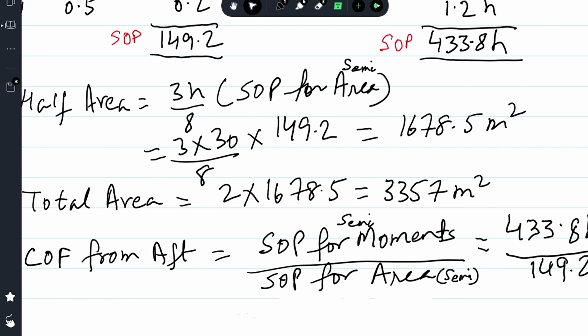Now for center of flotation, because my levers were from aft, I am getting center of flotation also from aft. If you take levers from forward, the center of flotation will also be from forward end. So don't make mistake here. My levers were from aft, so center of flotation from aft end. So just divide sum of the products for semi moments by sum of the products for semi area.